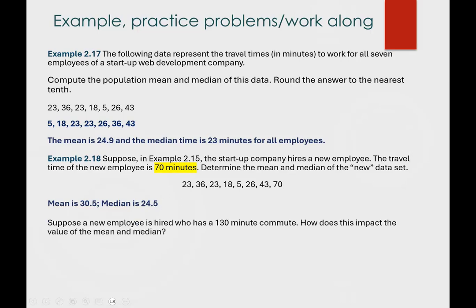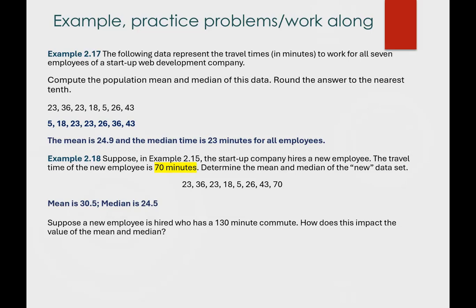Let's now look at if we have someone who has a 130-minute commute. How does this impact the value of the mean and median? What do you want to guess? So go ahead and pause and crunch those numbers. But you could kind of think about what the expectation should be.